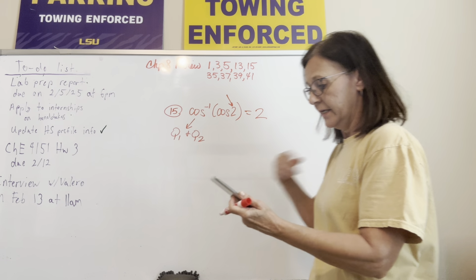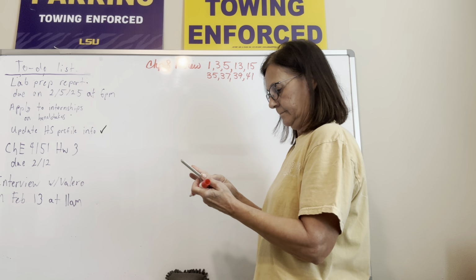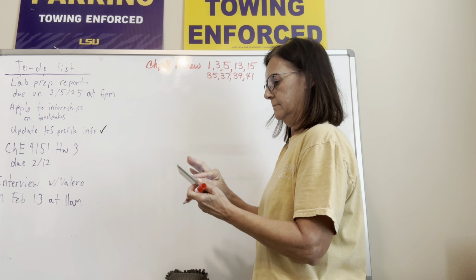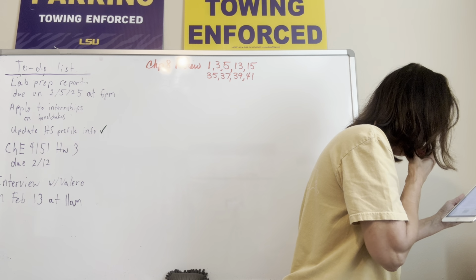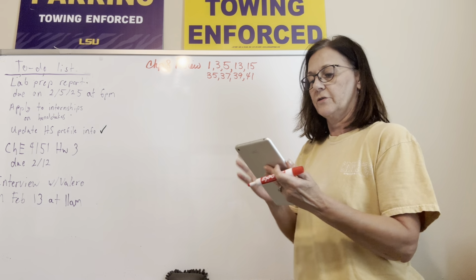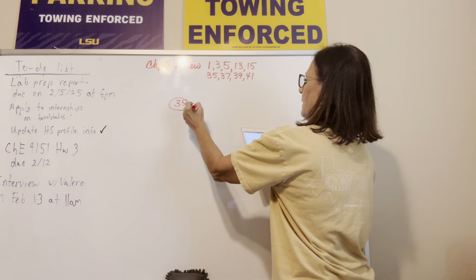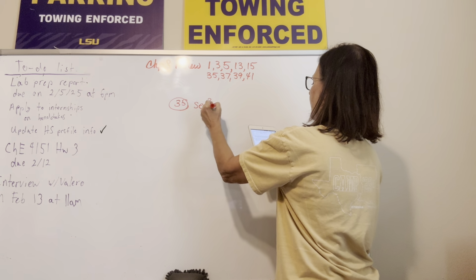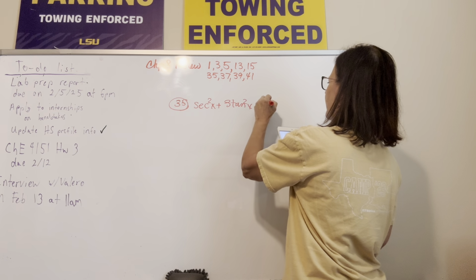Number 35. Okay, let me read the instructions. Find exact solutions when you can. Okay, so 35: secant squared x plus 3 tan squared x equals 13.